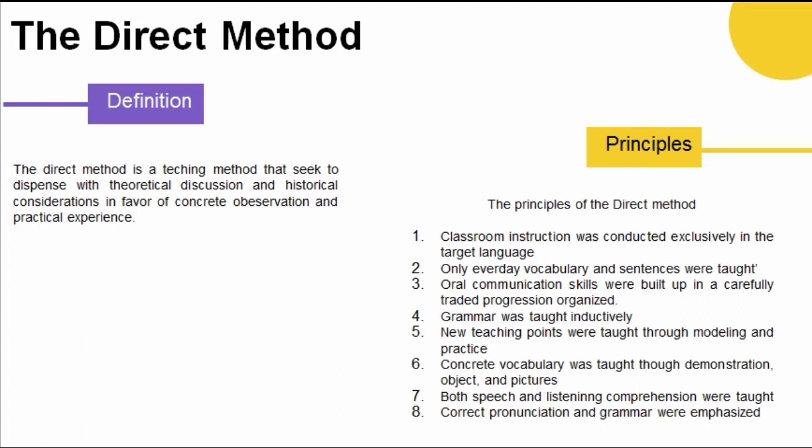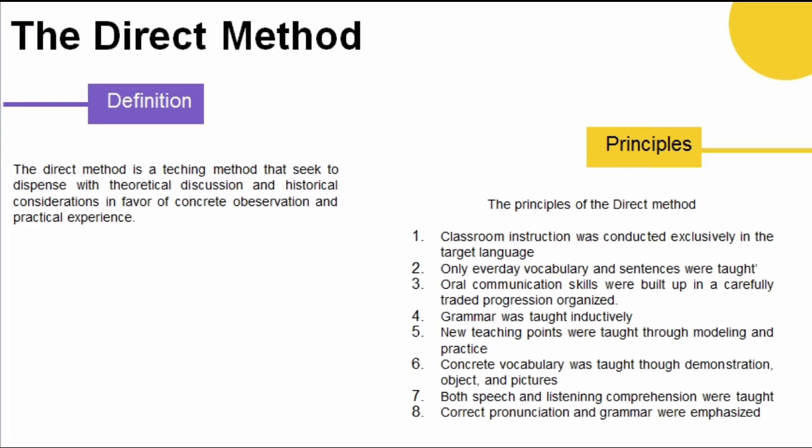The first one, classroom instruction was conducted exclusively in the target language. The second one, only everyday vocabulary and sentences were taught. The third one, oral communication skills were built up in a carefully graded progression organized around question-and-answer exchanges. The fourth one, grammar was taught inductively.